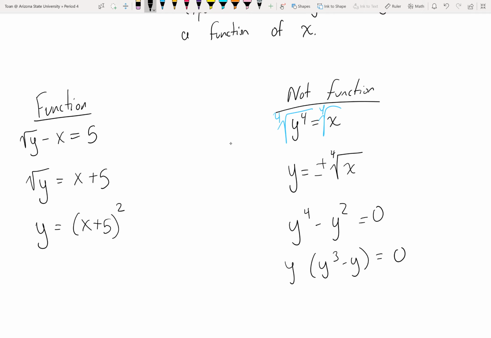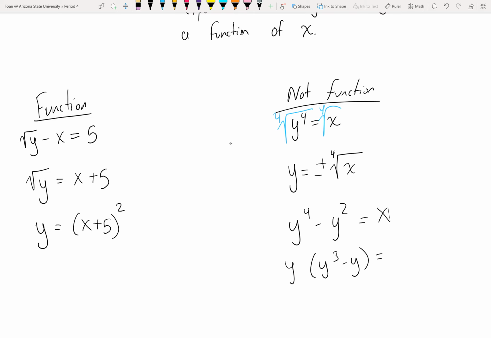You're eventually going to have to take an even root because, yes, you do have odd powers here and here, but it's still equivalent to this guy, which forces you to take an even root.